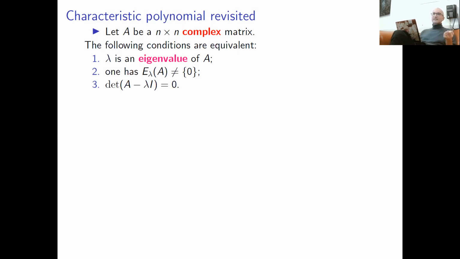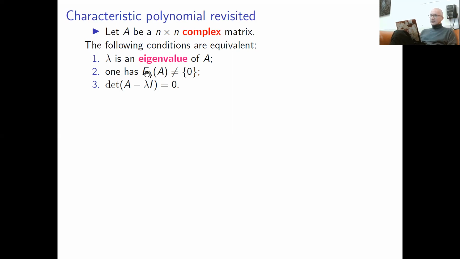This can even be considered as a definition of eigenvalue of a matrix. It's of course not exactly the definition, but in my mind this is almost like a definition. So lambda is an eigenvalue of A if and only if the determinant of A minus lambda I is 0. This is going to be the characteristic polynomial.